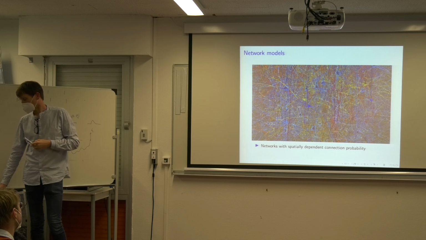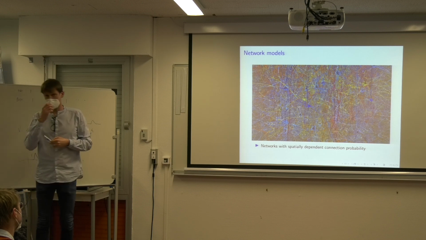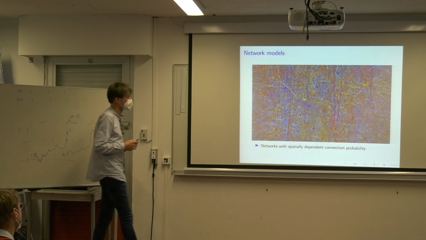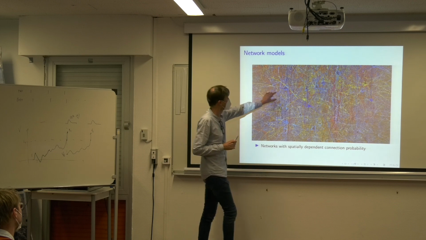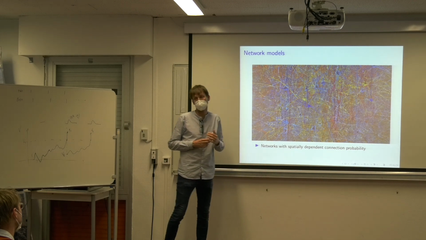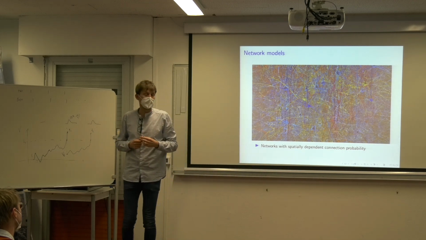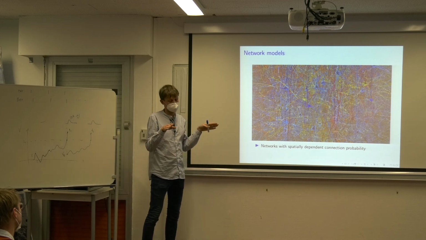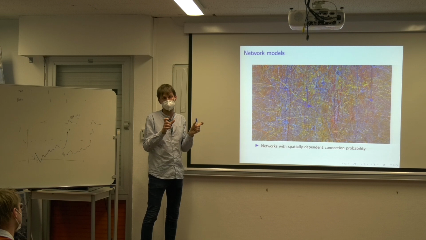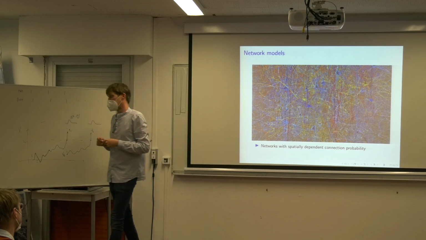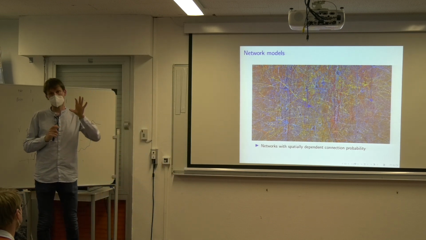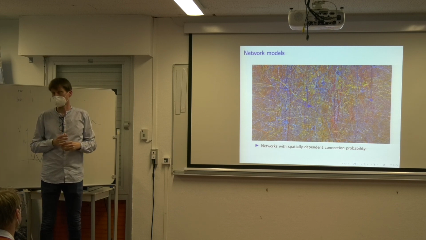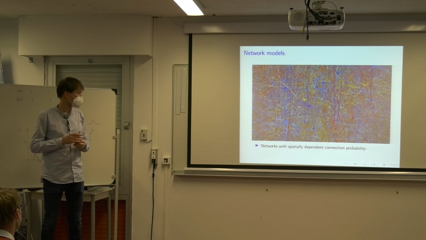And last, of course, so far I've ignored space, and these networks are embedded in space. Neurons that are close together are more likely to be connected than very distant neurons. In fact, connection probability typically decays on spatial scales of a few hundred microns. However, that doesn't mean that very distant neurons cannot be connected. In fact, there are also very long-range connections in brains.